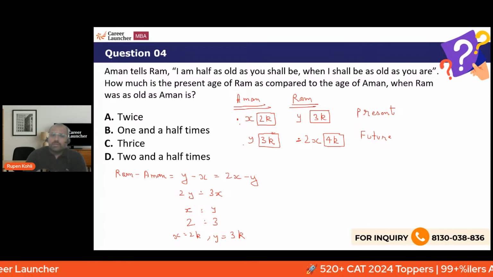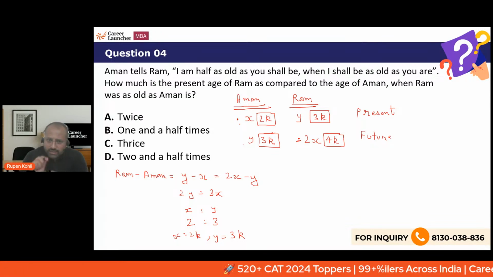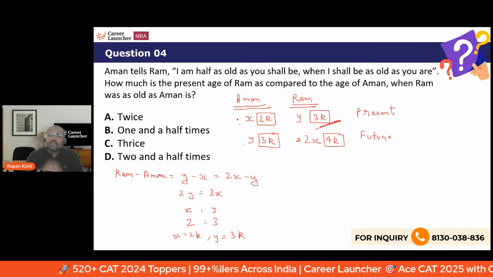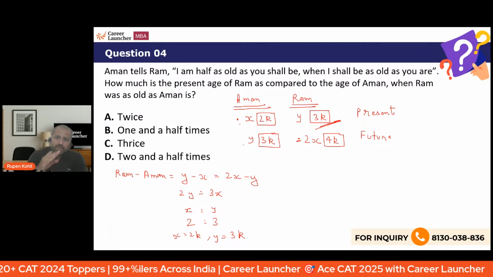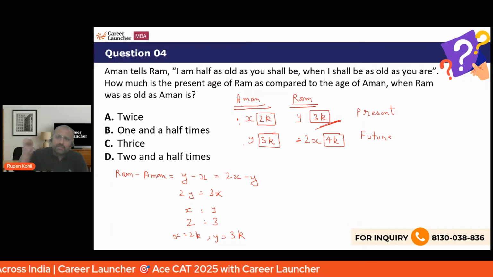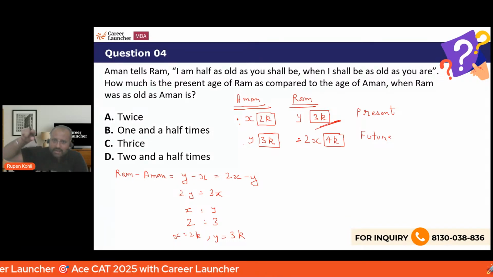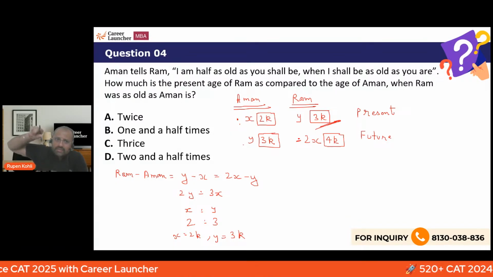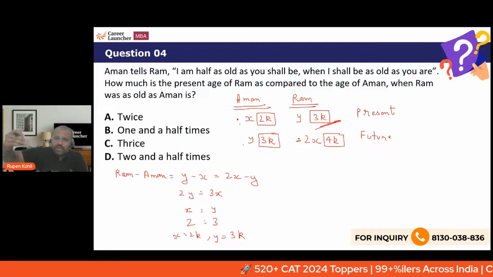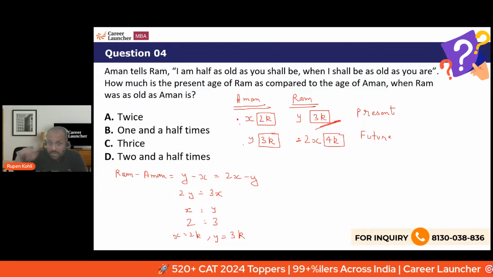Now comes the question. How much is the present age of Ram? The present age of Ram is 3k, as compared to the age of Aman when Ram was as old as Aman is. Ram is 3k right now. He needs to be as old as Aman is, which is 2k. So from 3k to 2k, we are going k years in the past.